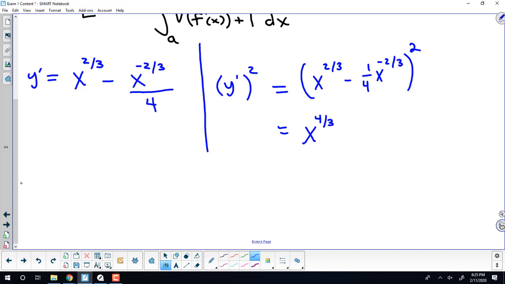And then we have our negative 1/4 squared, and x to the negative 2/3 squared. And then we multiply these two things together, we've got a negative 1/4, x to the 0, right? So negative 1/4, just write it as that. Twice negative 1/4 gives us negative 1/2.